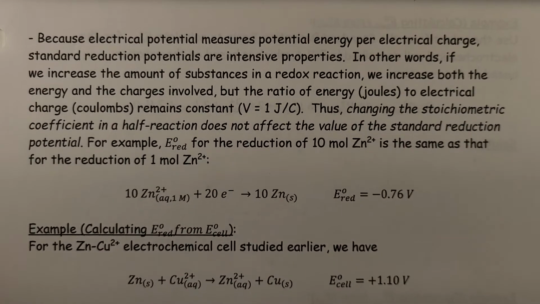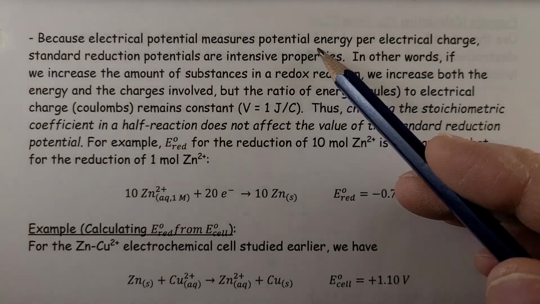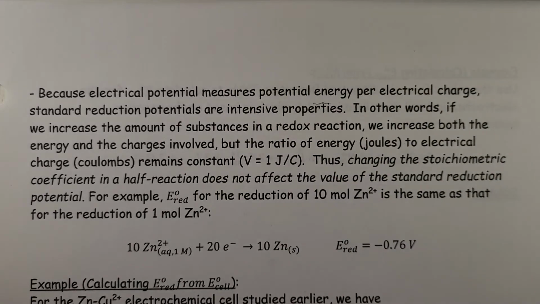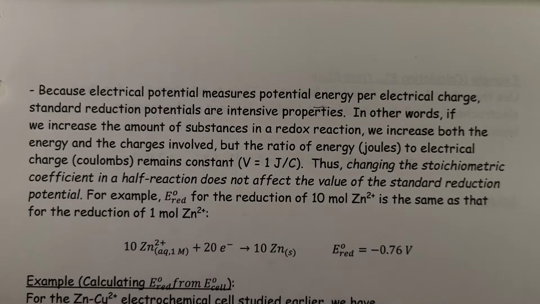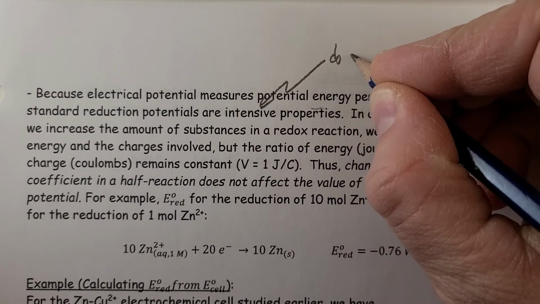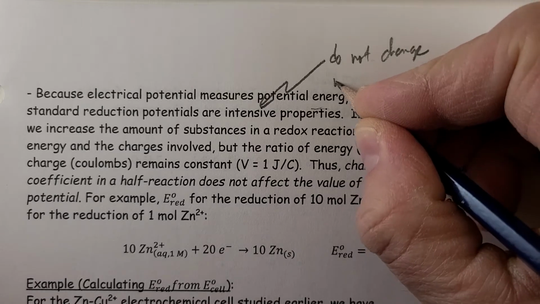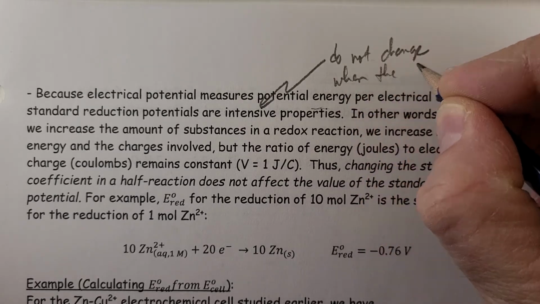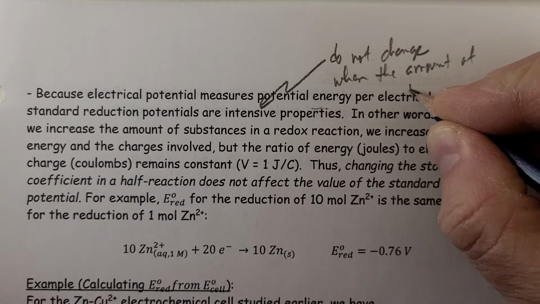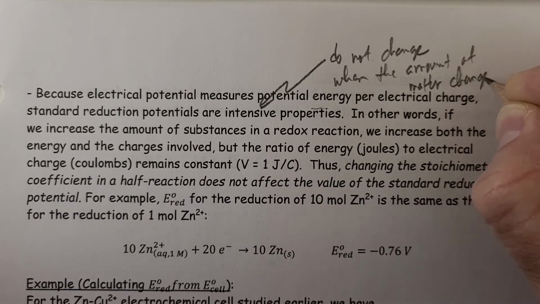All right, if we look at the next page, because electrical potential measures potential energy per unit of charge, standard reduction potentials are intensive properties. That means they do not change when the amount of matter changes.